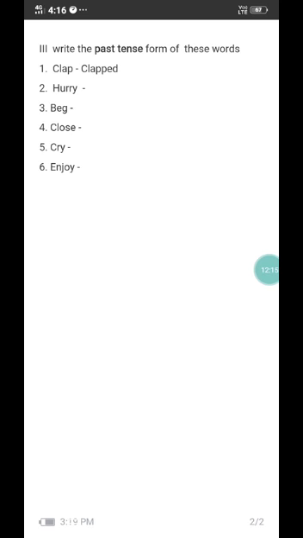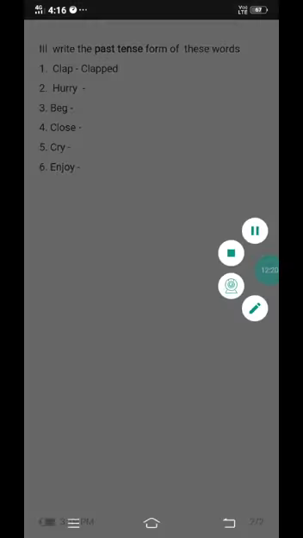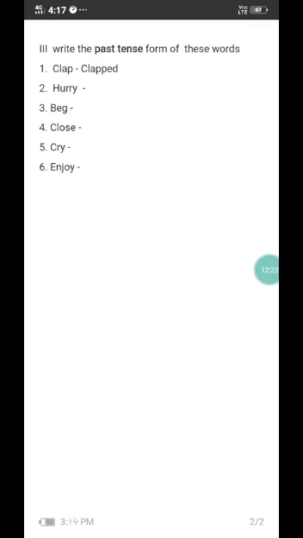Here the word enjoy ends with y and before y there is a vowel, that is o. If there is a vowel before y, then you need to just add ed.